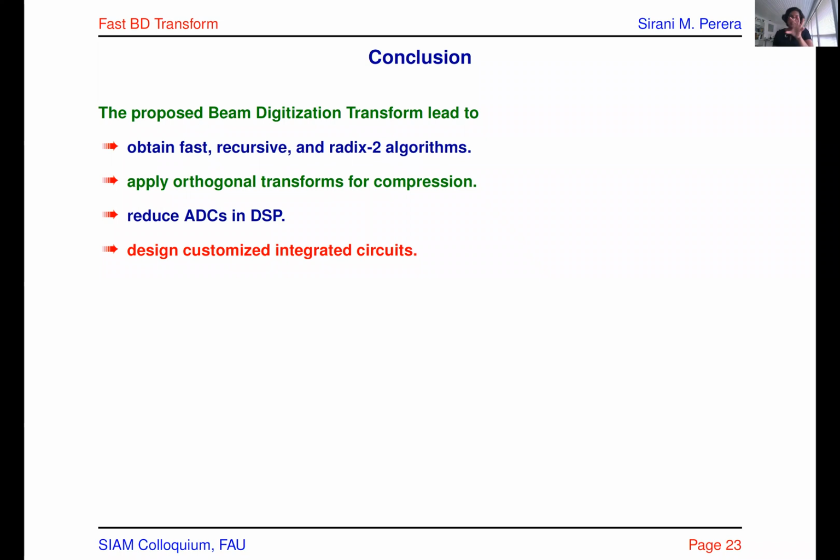And then this beam digitization transform matrix is the hub, or the centerpiece, in the process of the reduction of analog to digital converter channels. In this talk, we have a beam digitization transform matrix, and then we combine that with the DCT3, and this whole process can subsequently reduce the analog to digital converters in digital signal processing.